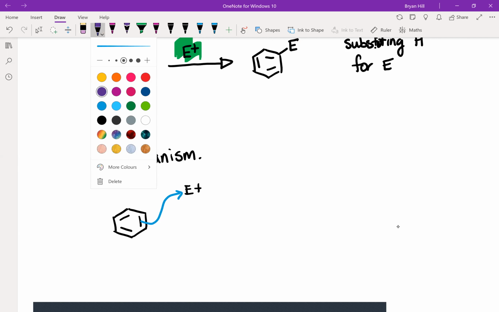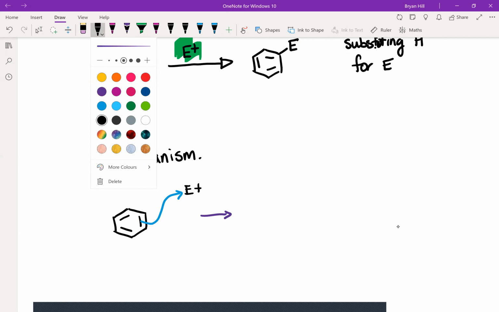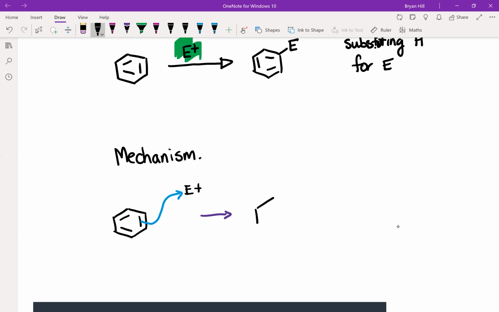This is going to make a system that looks like this. So there's an electrophile on the carbon that attacked. There's still a proton there.